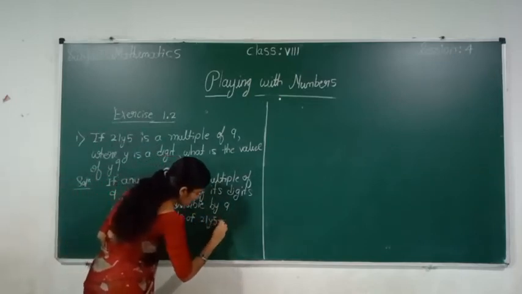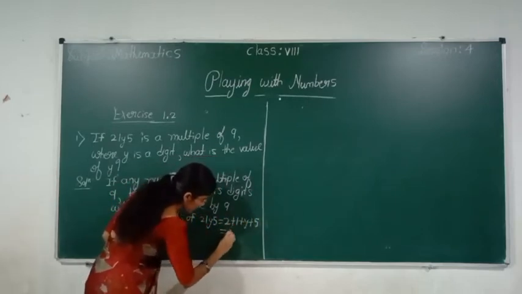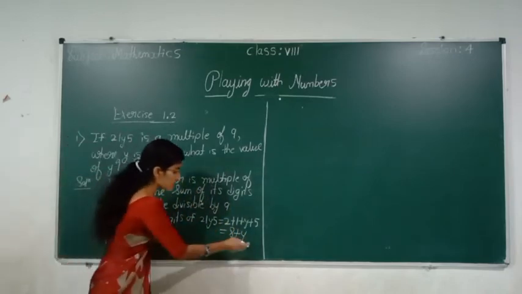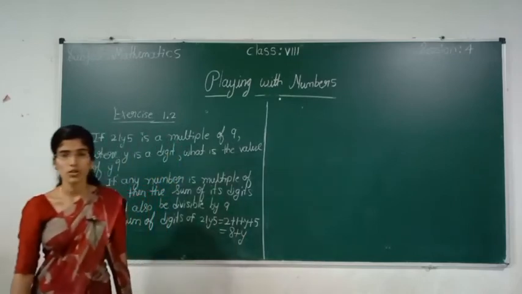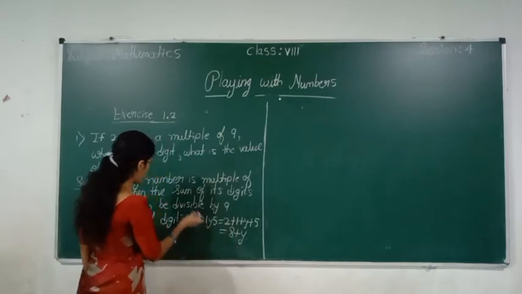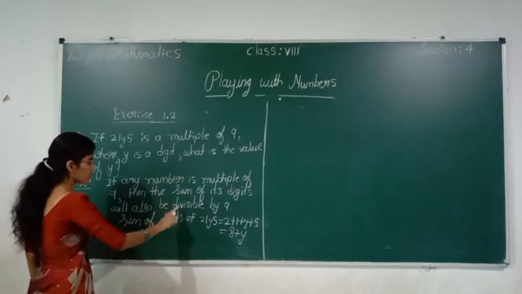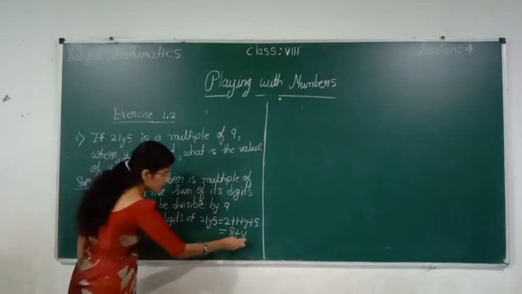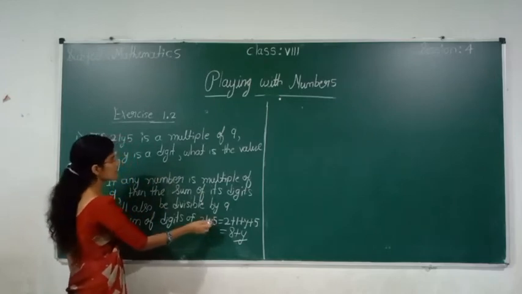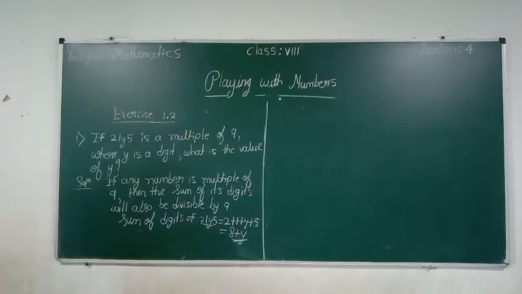See here, now we will do the sum of digits of 21y5. It will be 2 plus 1 plus y plus 5, that is 8 plus y. Since 21y5 is a multiple of 9, the sum of its digits should also be divisible by 9.